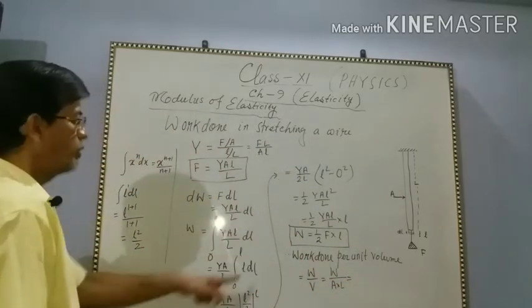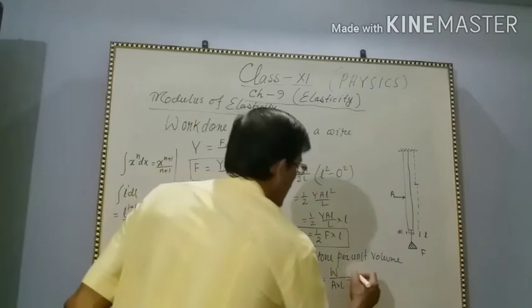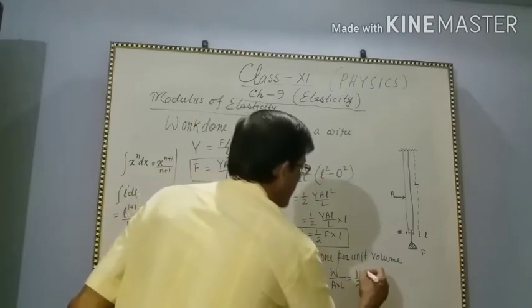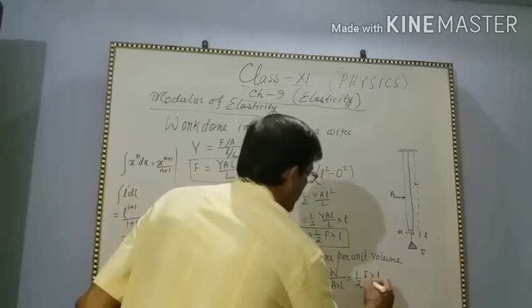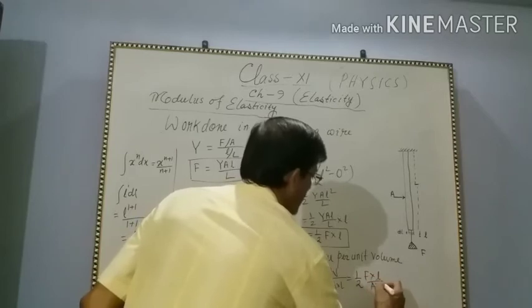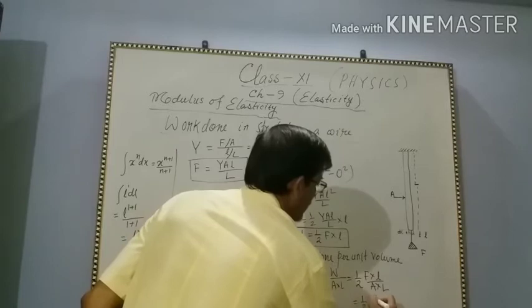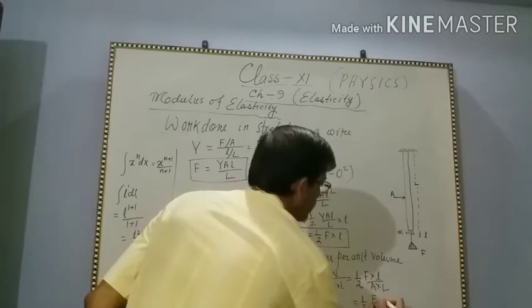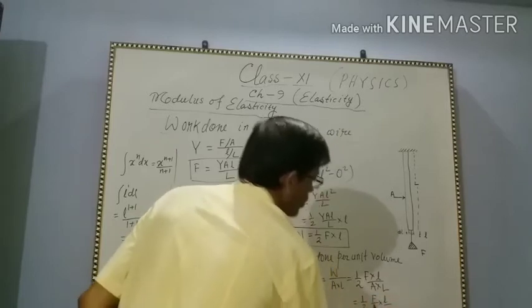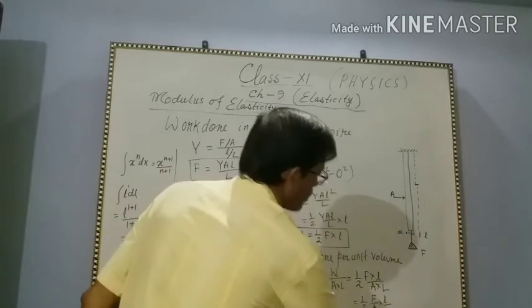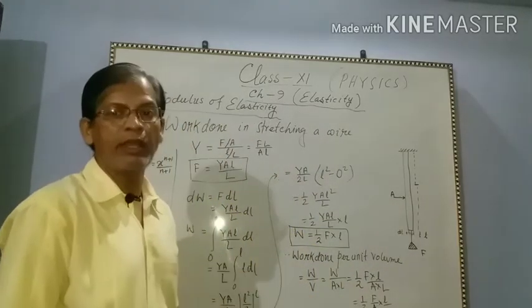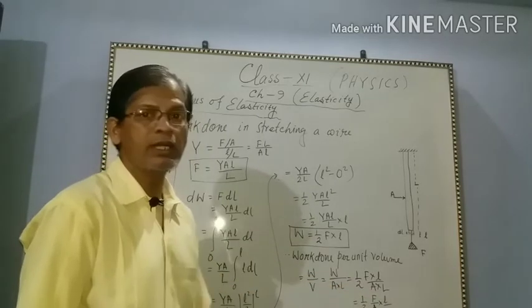W is half F into l, divided by A into L. It can be written as half F by A into l by L. F by A means stress, and l by L is strain.